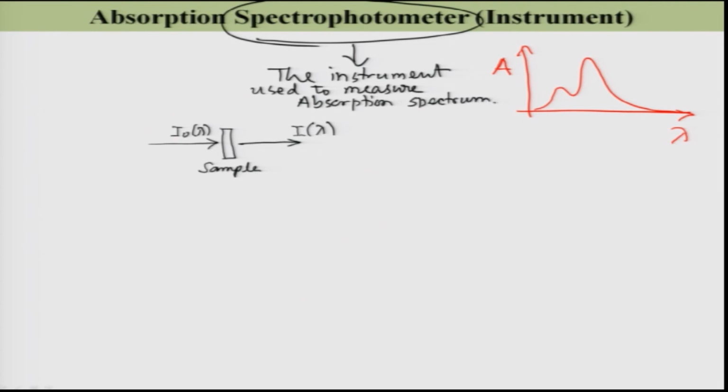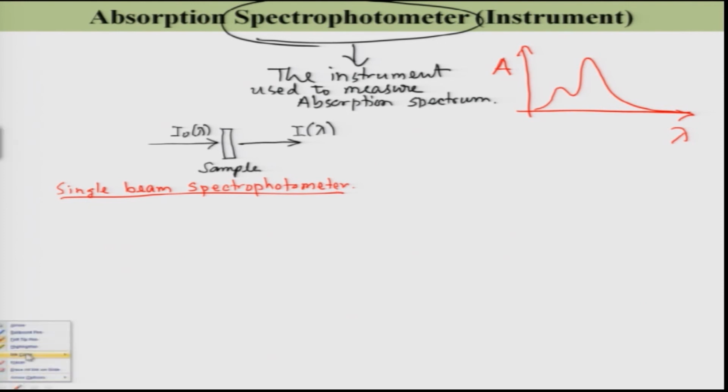There are two varieties of this instrument. The first one is the single beam spectrophotometer. Okay, so in this instrument, obviously, you have to generate light of different wavelengths.